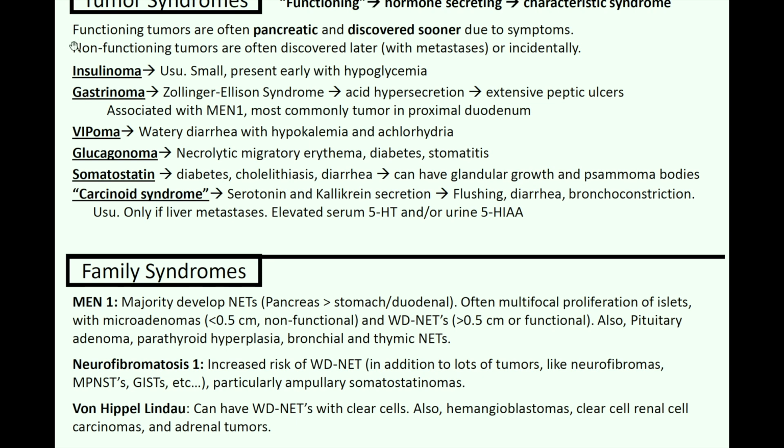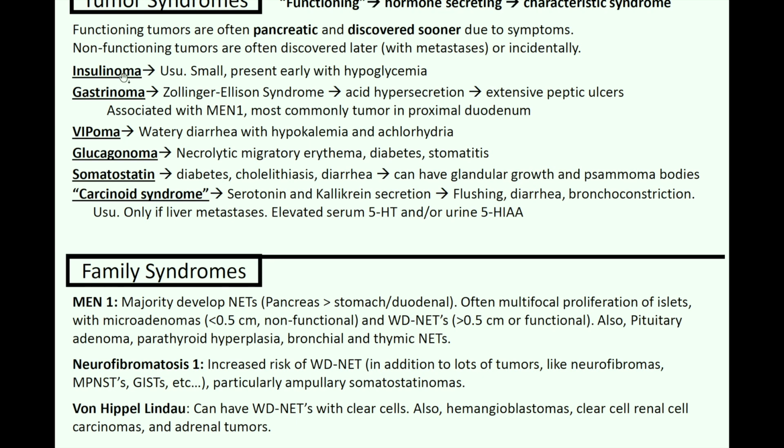For an insulinoma, this is usually small and they present early with hypoglycemia due to that overproduction of insulin. Gastrinoma has an association with Zollinger-Ellison syndrome, leading to acid hypersecretion and extensive peptic ulcers, associated with MEN1, and most commonly the tumor is in the proximal duodenum.